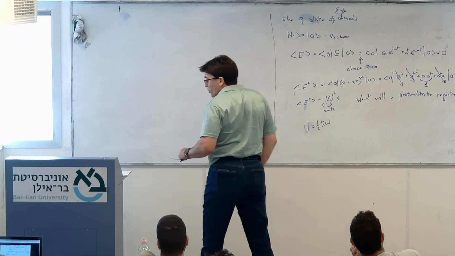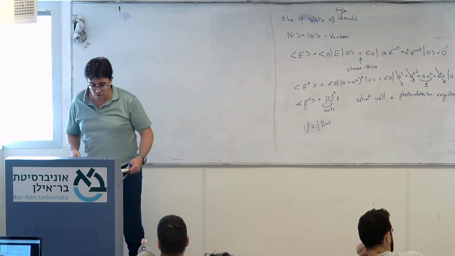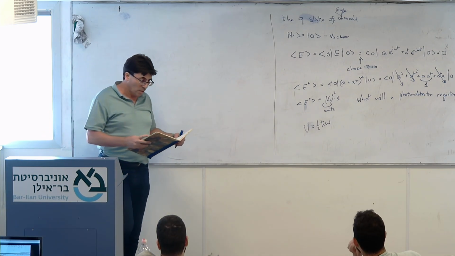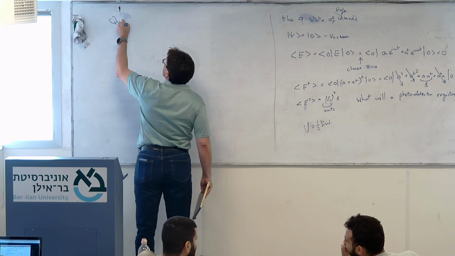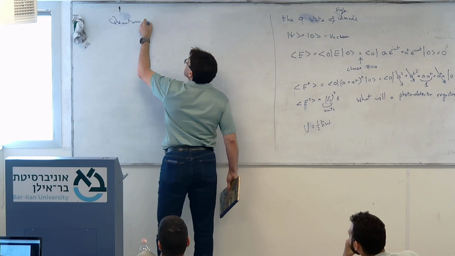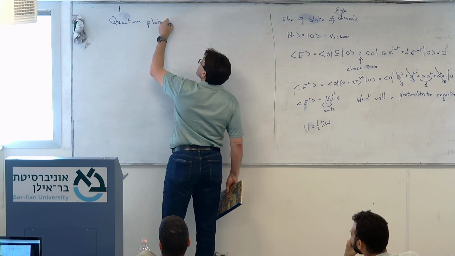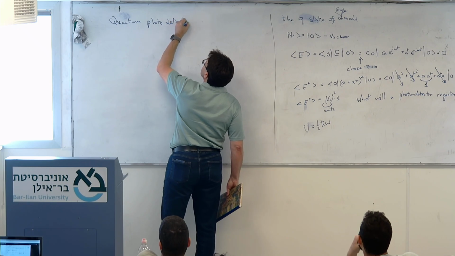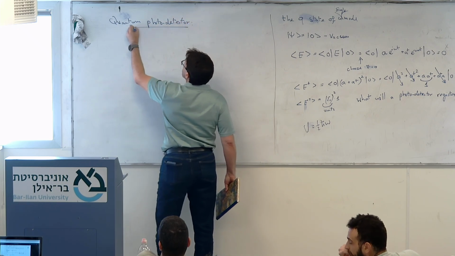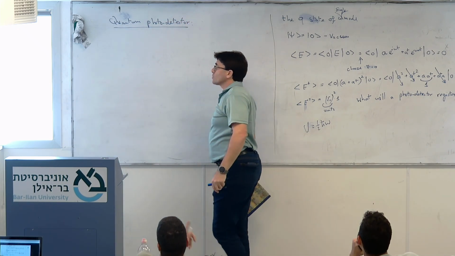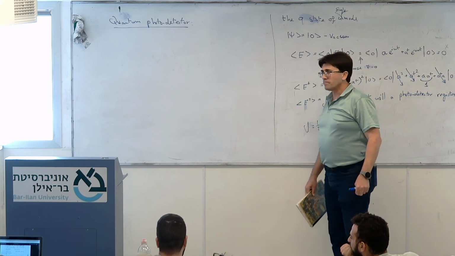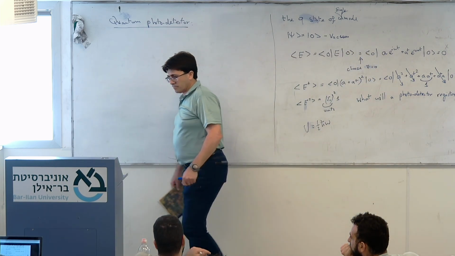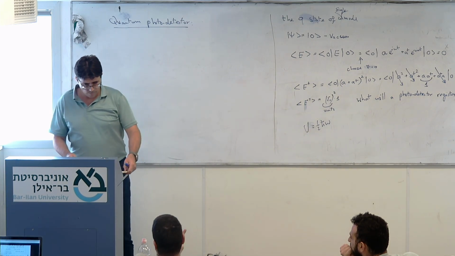And that's where the non-commutativity of operators comes into play. So if I want to talk about the quantum photo detector, in reality, if the detector is sensitive enough, can it see the fluctuation?